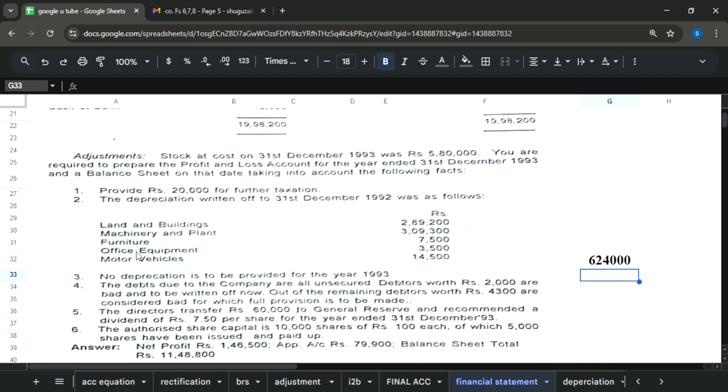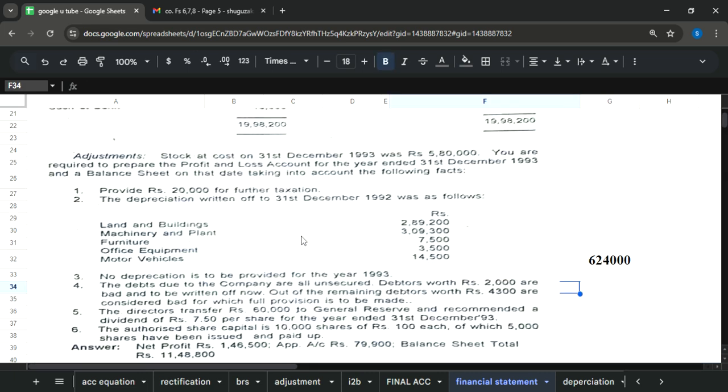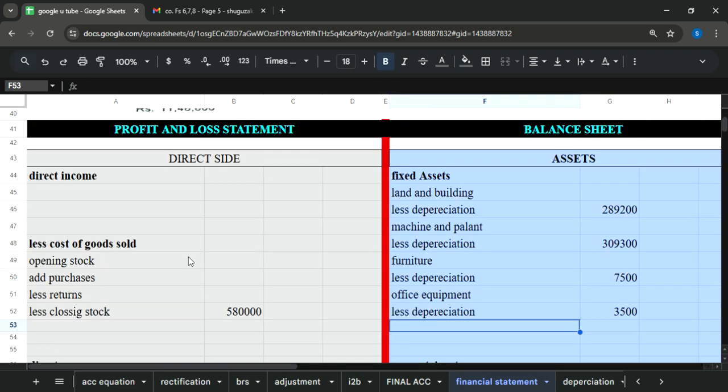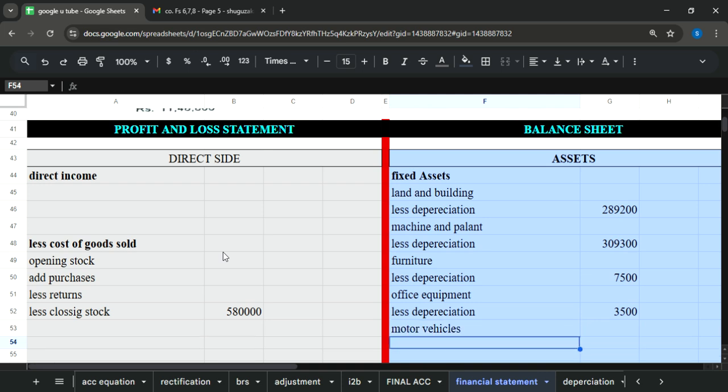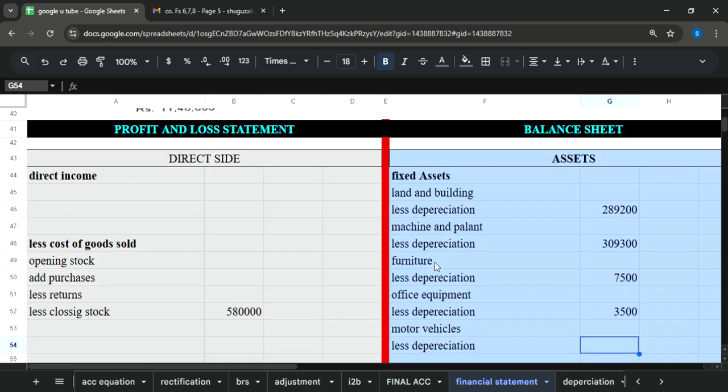The amount of this depreciation on office equipment is 3,500. Mention it in the fixed asset side. After office equipment, we have another asset, motor vehicles, and subtract its depreciation as well. Depreciation of motor vehicles is 14,500.